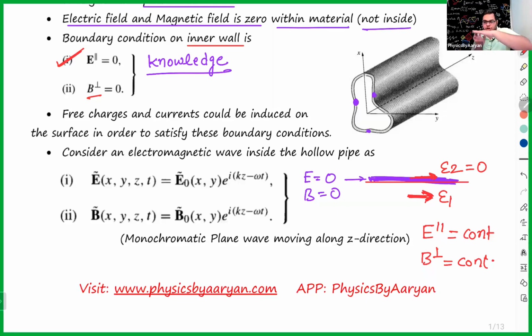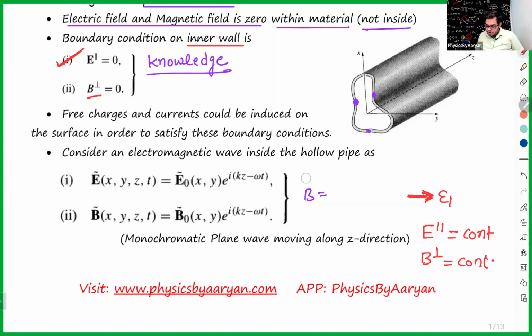I need to make sure that these boundary conditions are 110% satisfied. If I want to make sure that this has to be satisfied, then what happens is that on the surface of the conductor, some charges appear, which are known as the induced charges, and some current also appears, which is known as the induced currents.